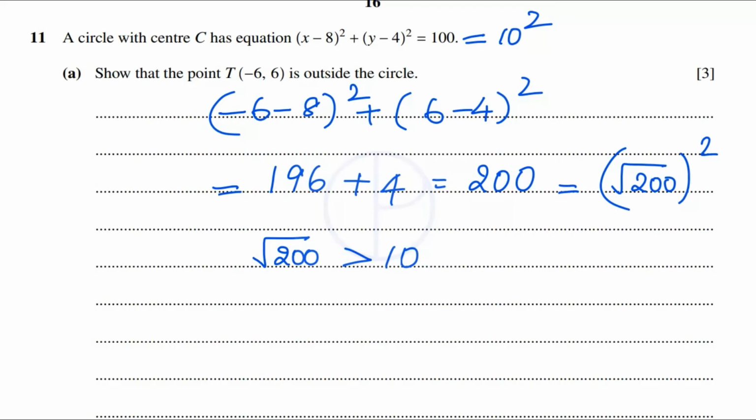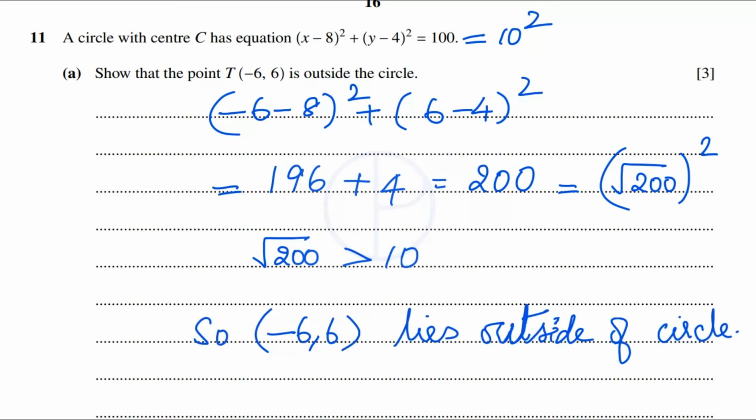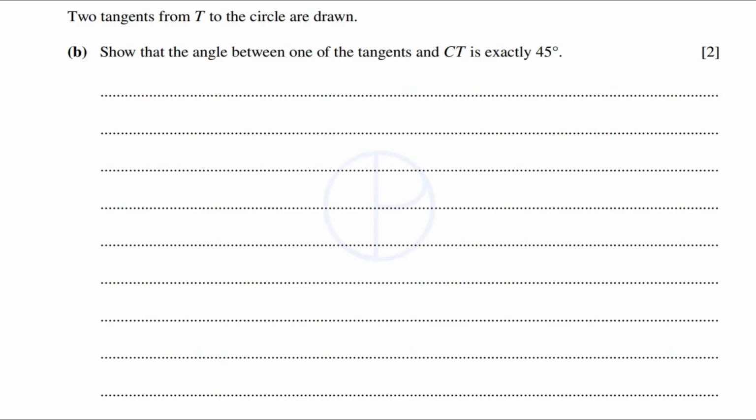Okay. So the point negative 6 comma 6 lies outside the circle. The next part of the question is, two tangents from T to the circle are drawn. Show that the angle between one of the tangents and CT is exactly 45.